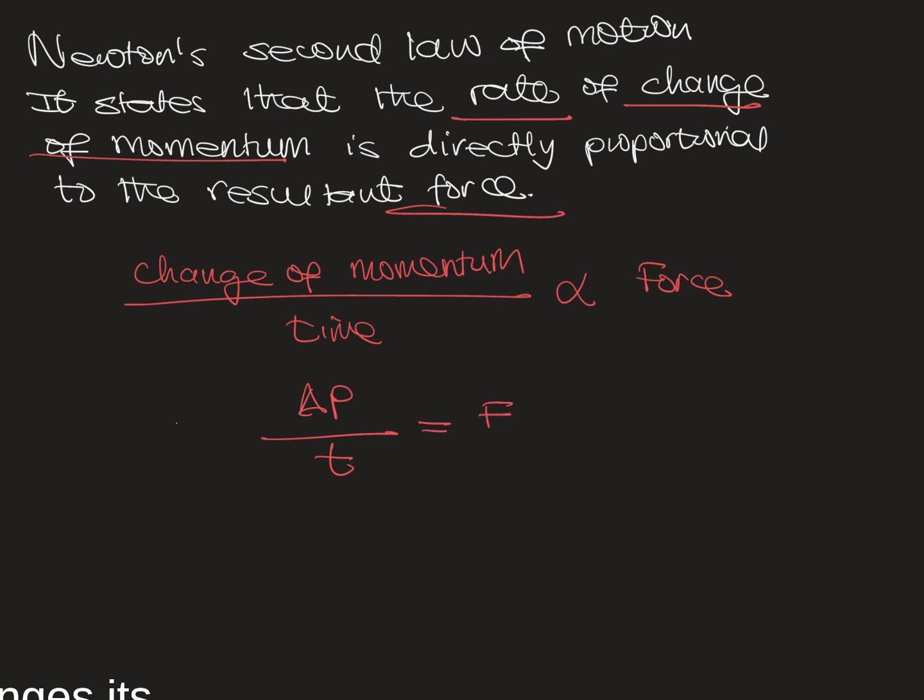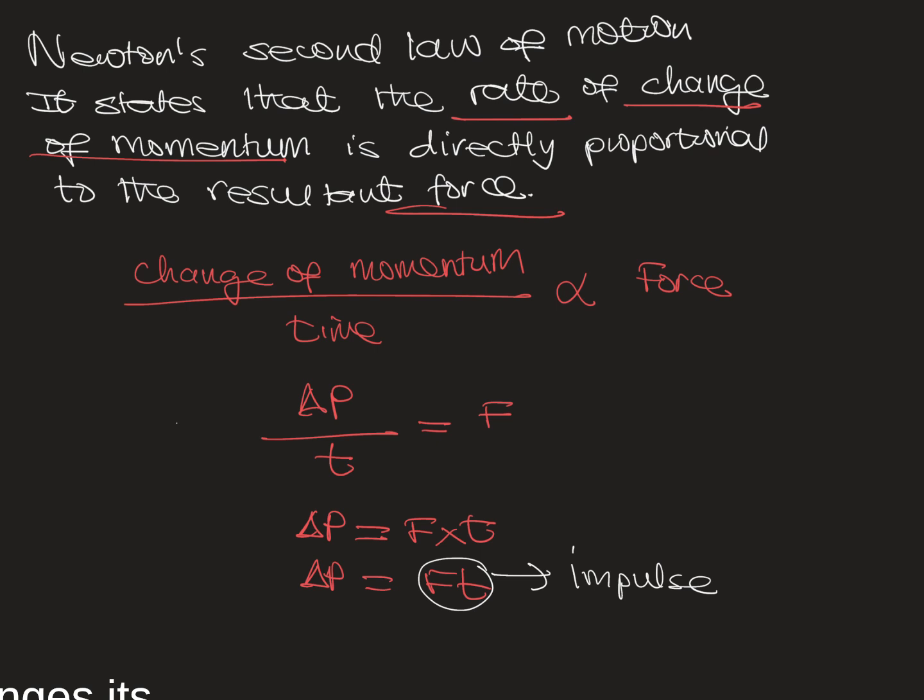This is equal to F, if the proportionality constant is equal to 1. All right, so if I cross multiply, the change in momentum is force multiplied by time. So change in momentum is Ft. In physics, Ft is what we call impulse, right? This is what we call impulse.